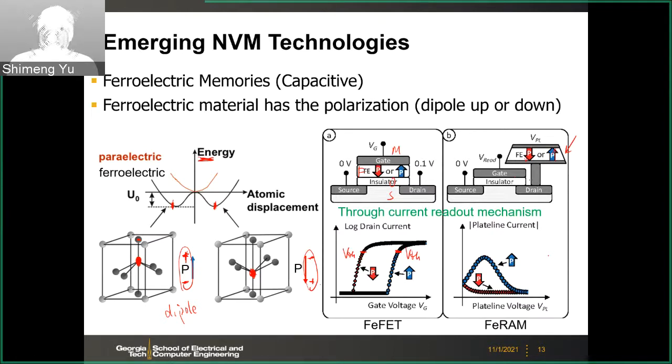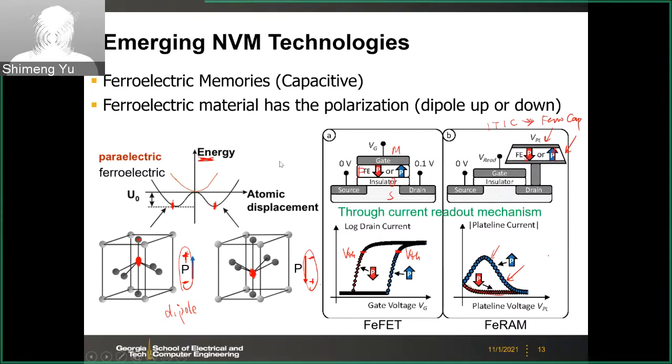So when you sense the 1T1C's current, if the device is pointing down, then the current you measure from the plate will be low. And if the dipole is pointing up, then the current you measure from the plate electrode will be high when you read out this 1T1C structure. This C is a ferro cap. And we'll discuss the details later.